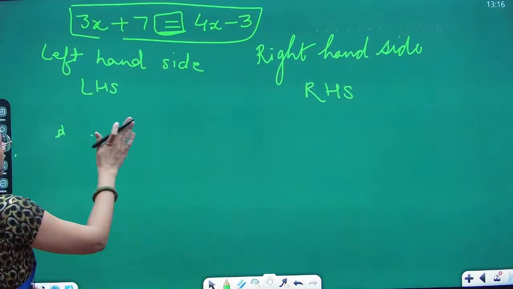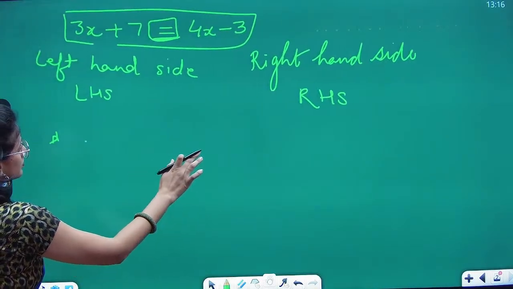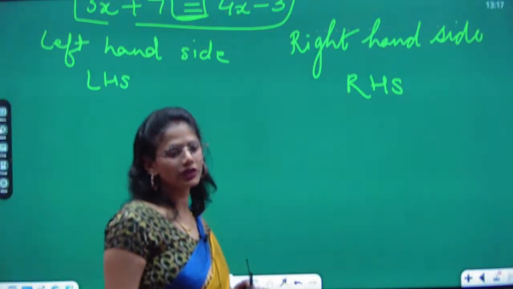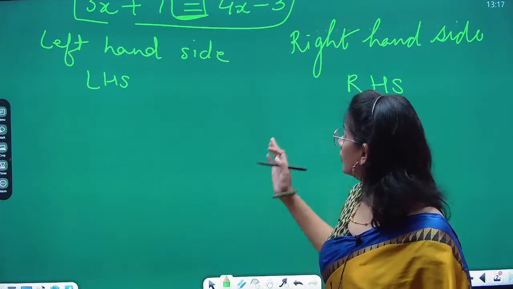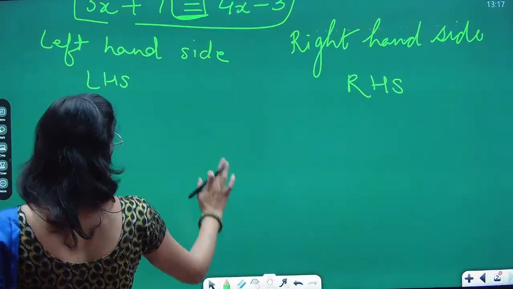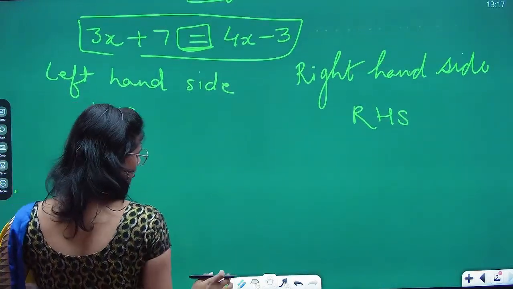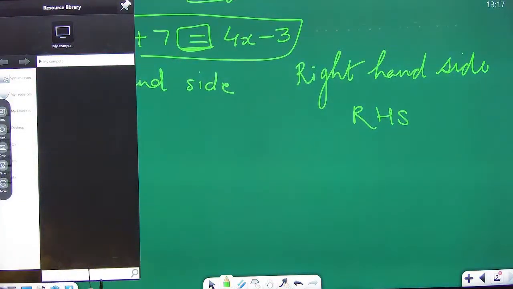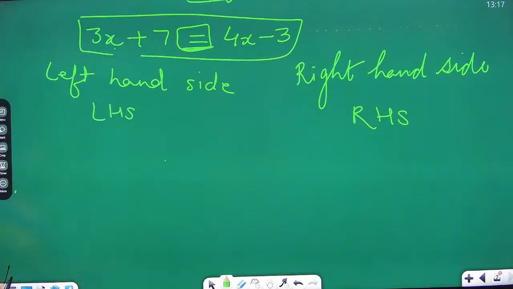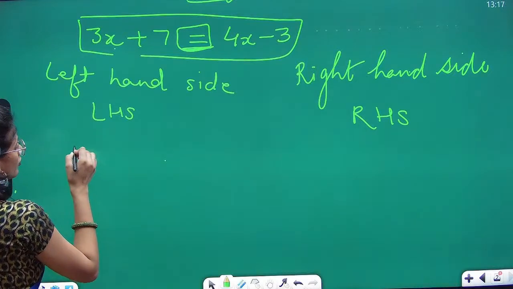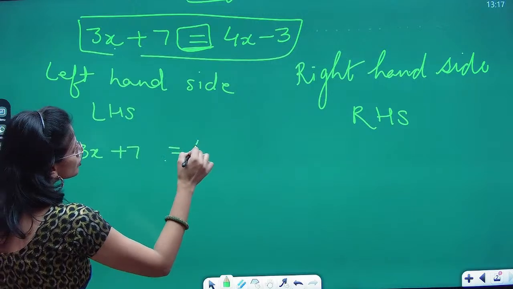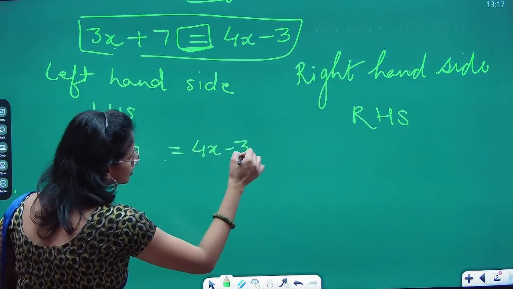Next is the solution of the equation. Now we have the equation 3x plus 7 is equal to 4x minus 3.